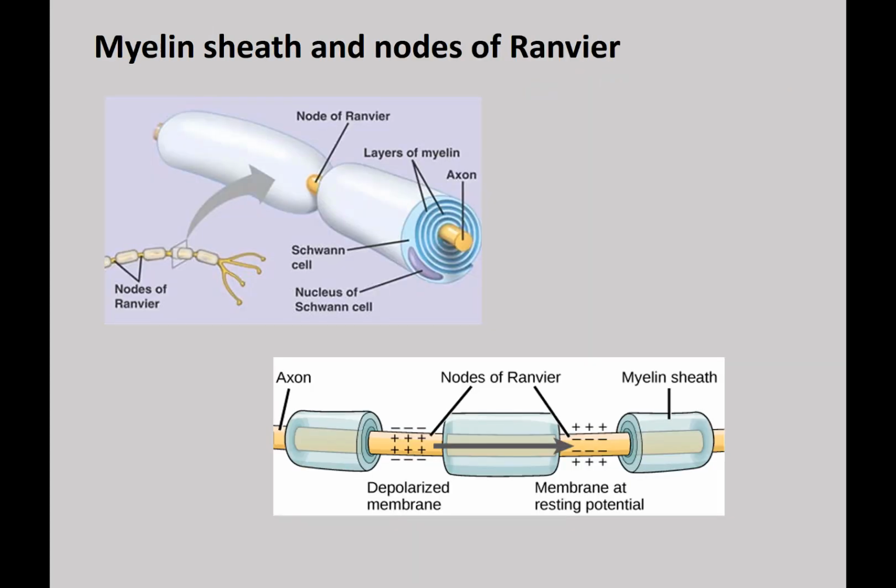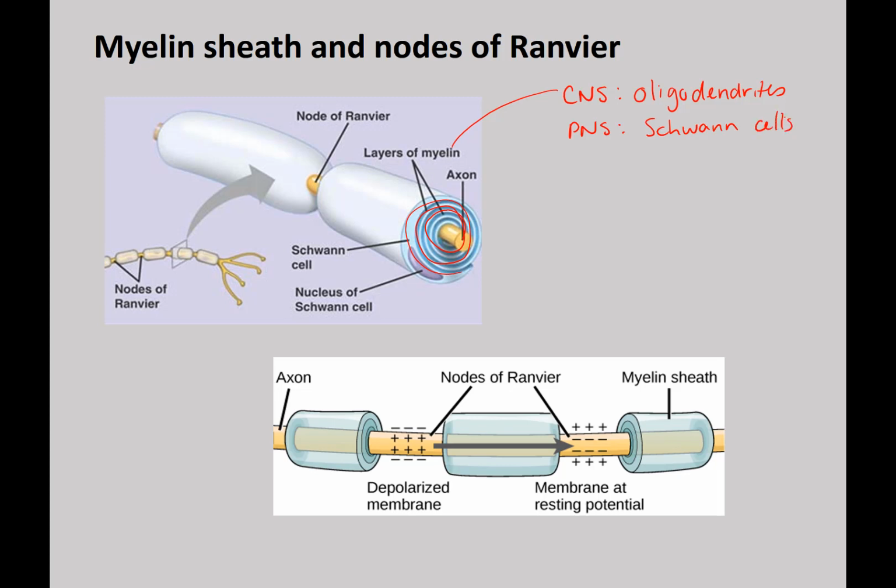All right, so let's look at that myelin sheath a little more. The myelin sheath is actually a single cell that's wrapped kind of like a sweet roll around the axon. In the central nervous system, the myelin sheath consists of cells called oligodendrocytes, and in the peripheral nervous system, it consists of cells called Schwann cells.